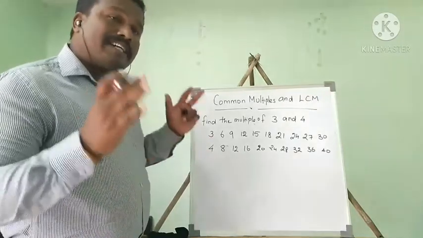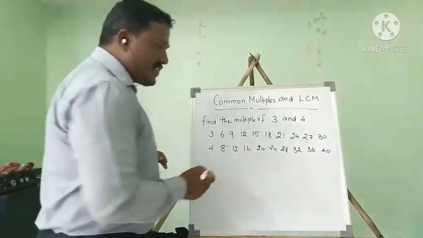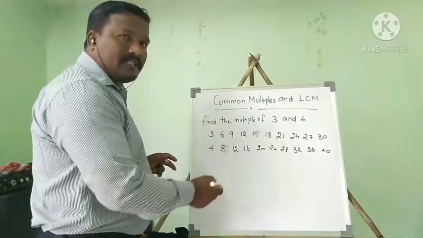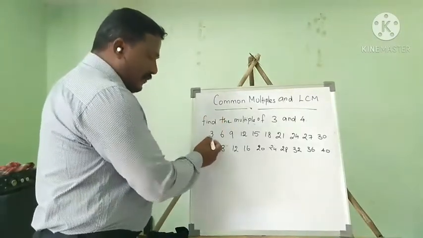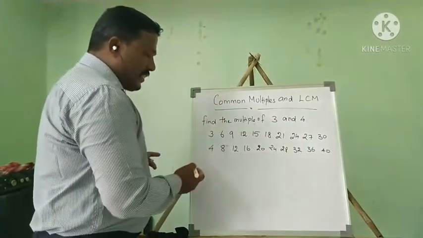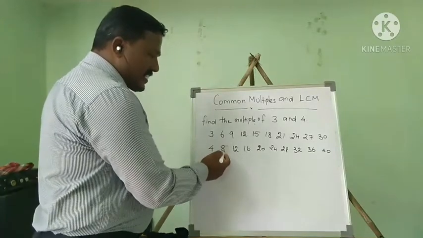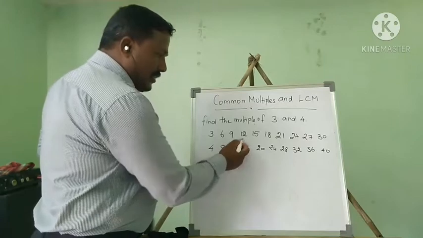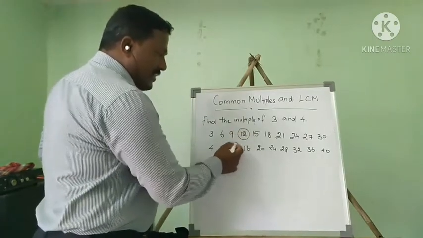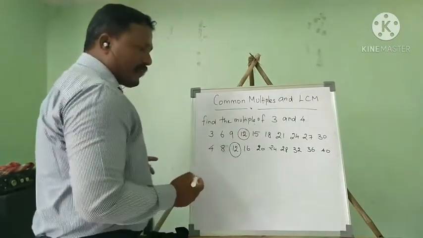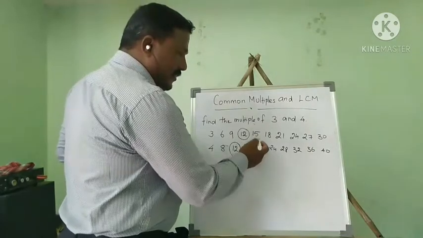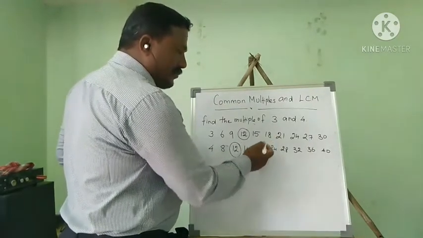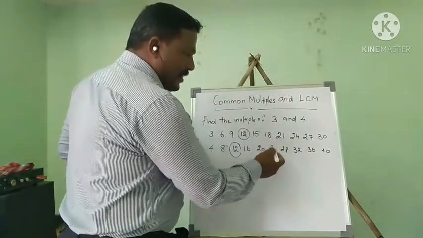Now we have to find out the common multiples, which are common to both the given numbers. Here 4, 3, no common. 6, there is no 6. 9, there is no 9. 12, 12. So this is a common multiple of 4 and 3. Then 16, 15, no. 20, there is no 20. Okay, 24.